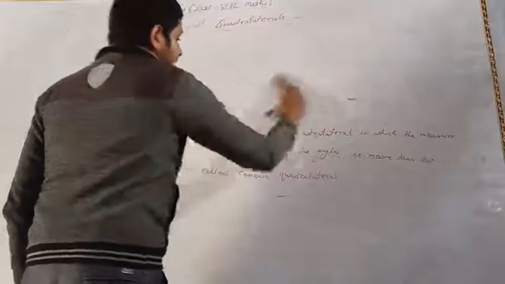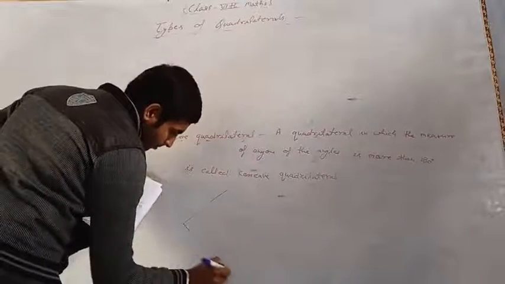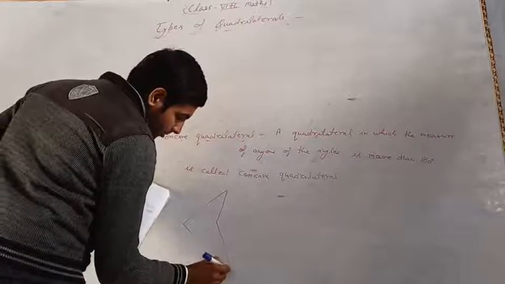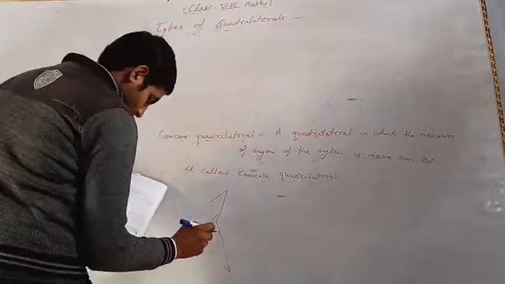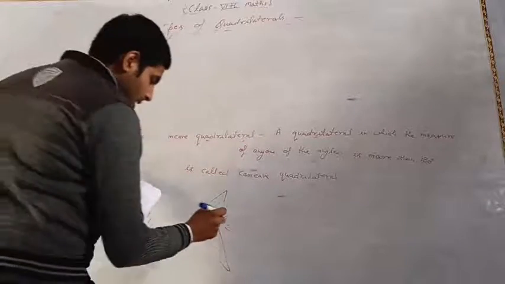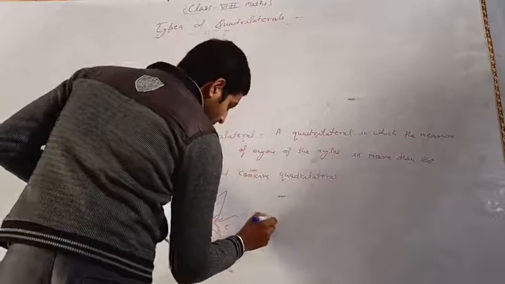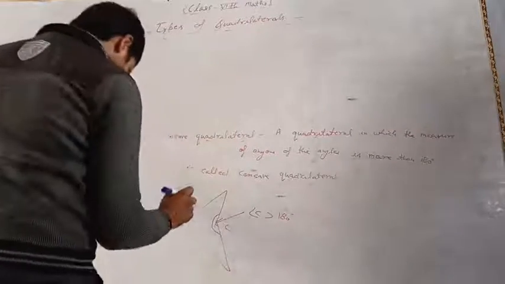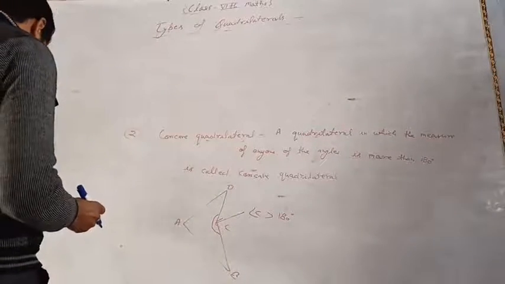We also have to draw the figure of a concave quadrilateral. Here you can see in your book this type of figure, in which there is an angle named C, and this angle C is greater than 180 degrees.